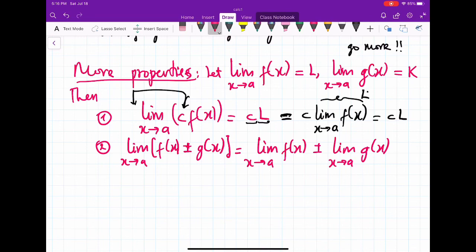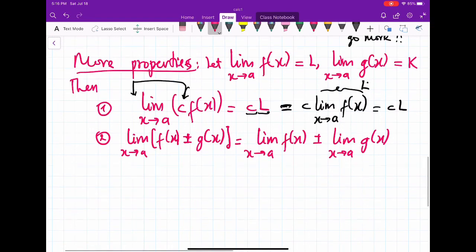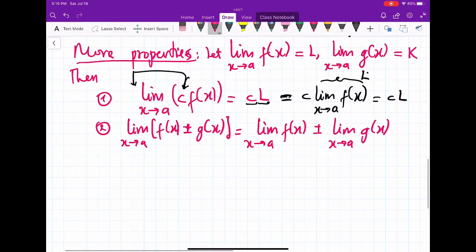So the limit of a difference or sum is just the difference or sum of limits. I think that is very natural, right? Because when you have a sum of two functions, you can break that out. Limits are linear, so everything should be good.